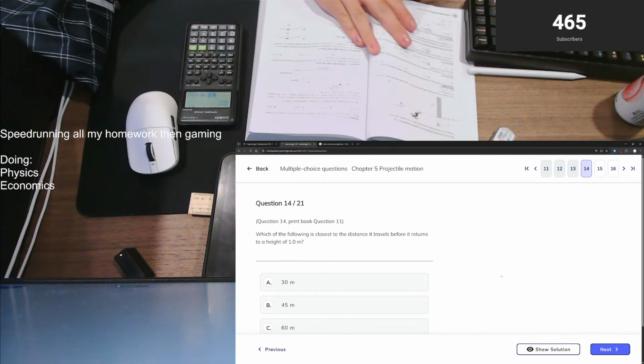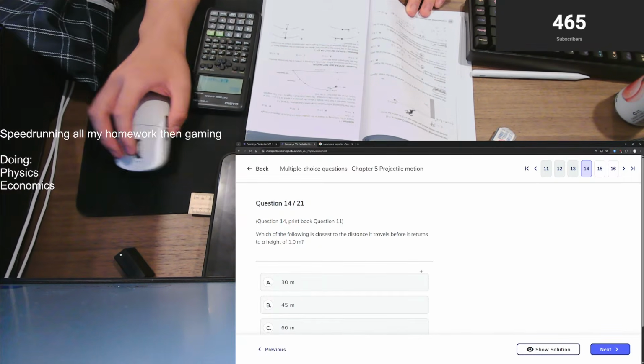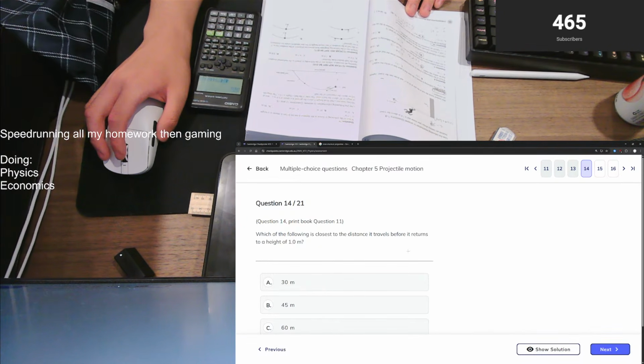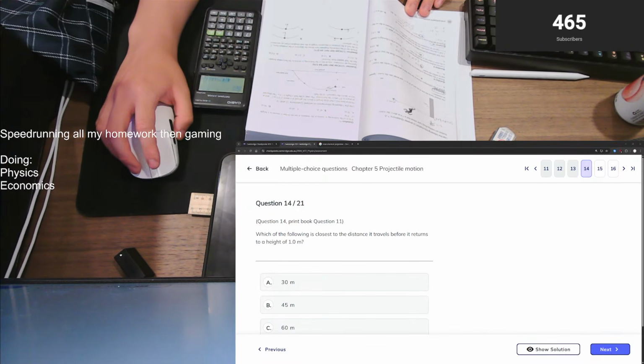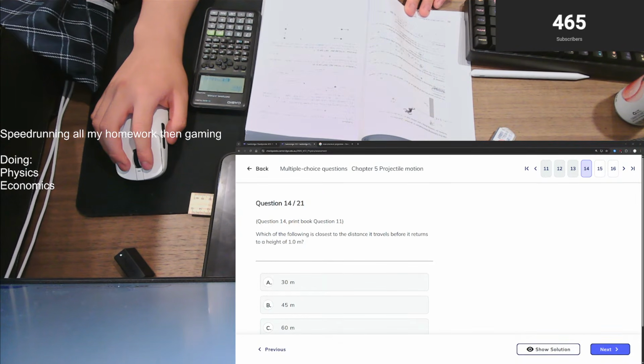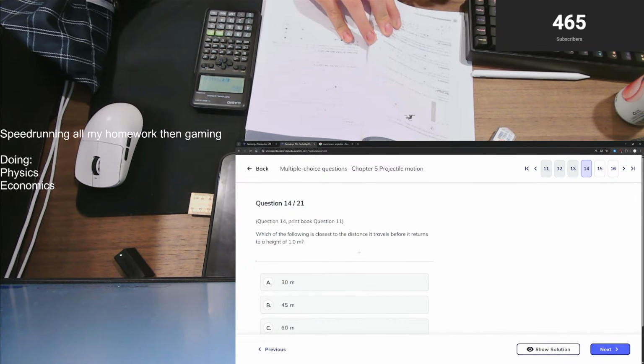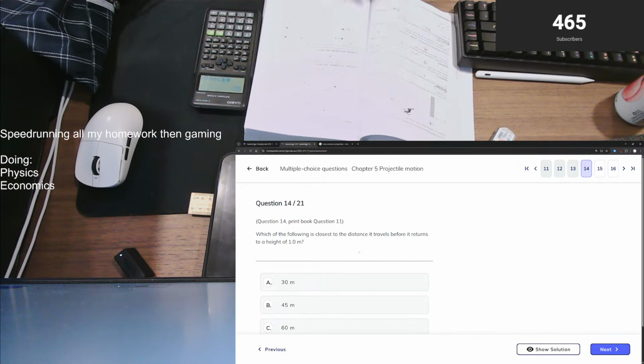Which of the following is closest to the distance it travels before it returns to a height of 1 meter? Wait, one sec. No, no one does that! Which of the following is closest to the distance?